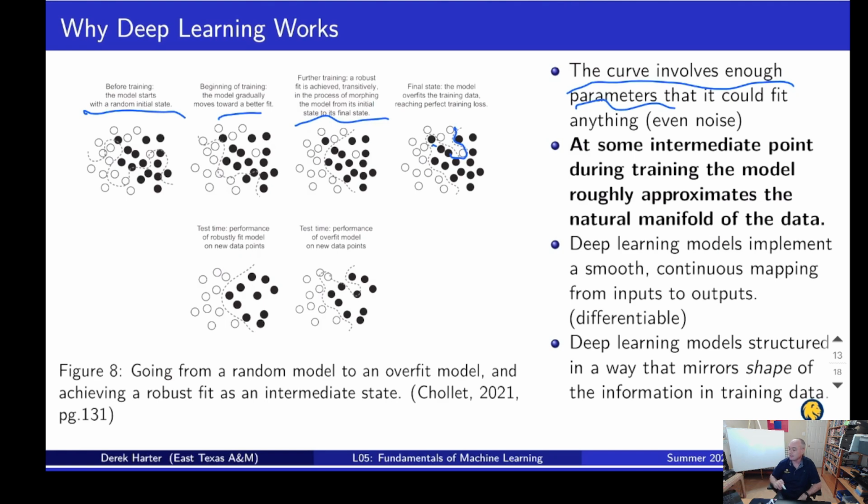So it will start modeling outliers or some of the noise like we talked about in here, right? At test time, if your model was robust, so if you've done something to keep it from overfitting, we end up with a manifold that actually approximates the true manifold of the data that we are training with, right? So this will do well on classifying data that it hasn't seen before.